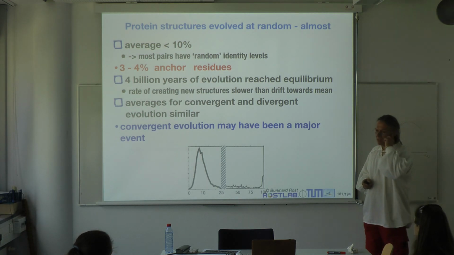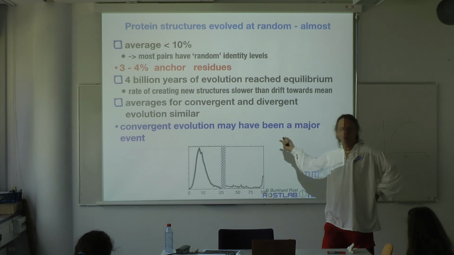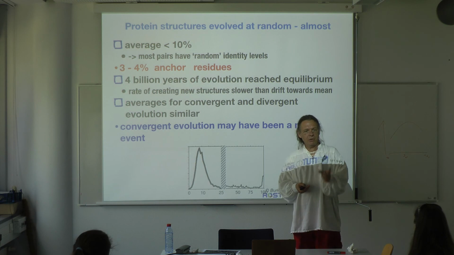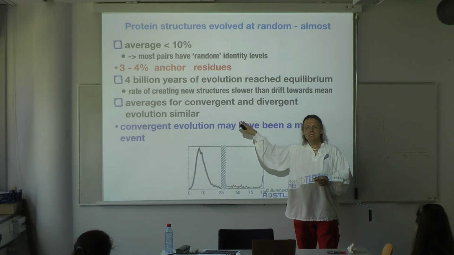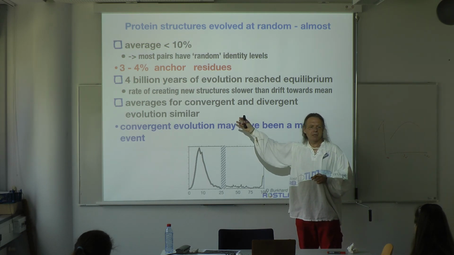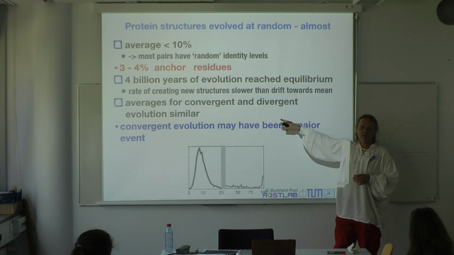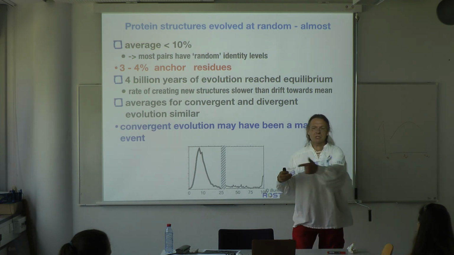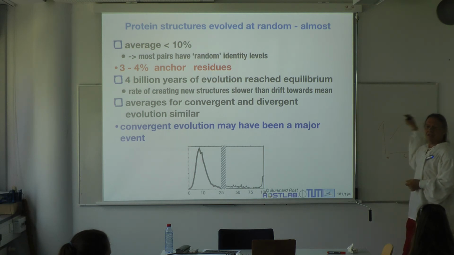So ultimately what it means, I call them anchor residues here, is it seems as if the time we had in evolution was long enough to really get to a point where, whether you have convergent, and this is a misnomer here, convergent to the same structure is what I mean here. It's not convergent in the classical evolutionary sense, but between convergent and divergent evolution, you can distinguish: if you are somewhere high, it's more likely that they came from here.